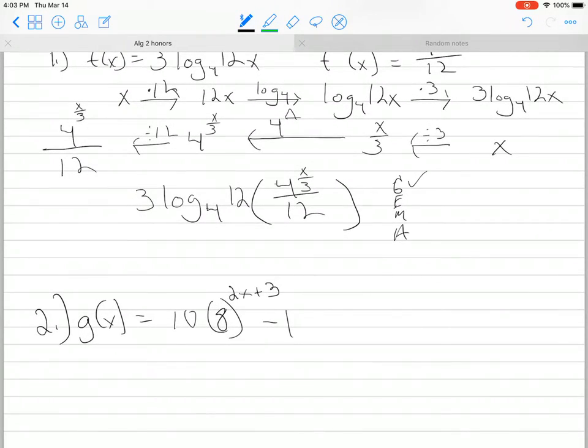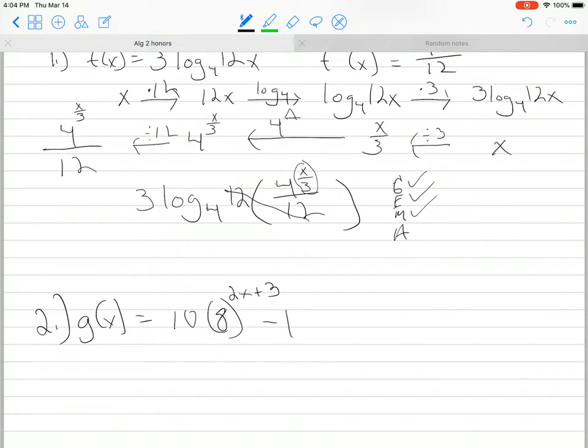In the grouping, there's really not much for me to do inside here that are inverses of each other. But in the exponents, I see this is like an exponent, but there are no inverses with that. Multiplying and dividing, I see a 12 and a 12.